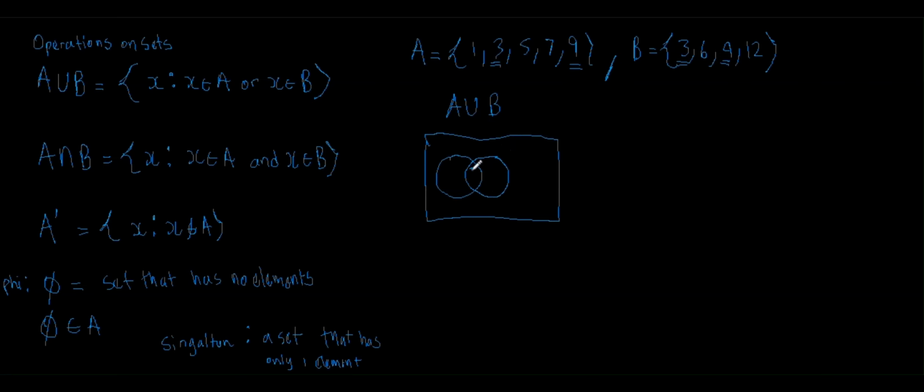So 3 and 9 would be here. Then if this is A, 1, 5, 7. If this is B, we have 6 and 12. So B is the set 3, 6, 9, 12. A is the set 1, 3, 5, 7, 9.